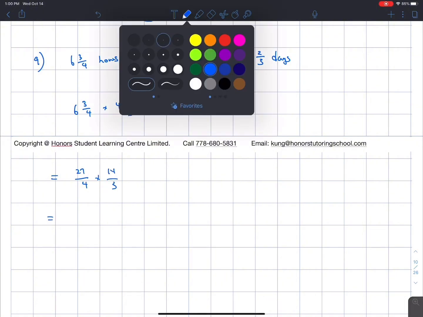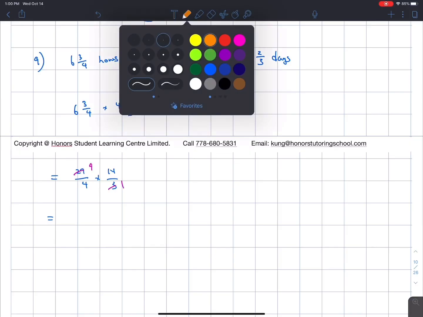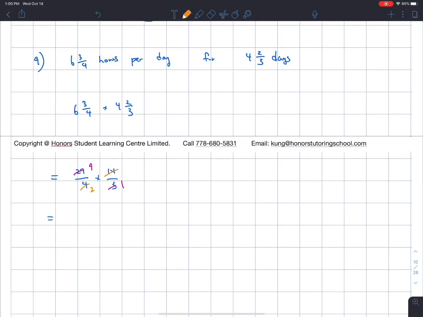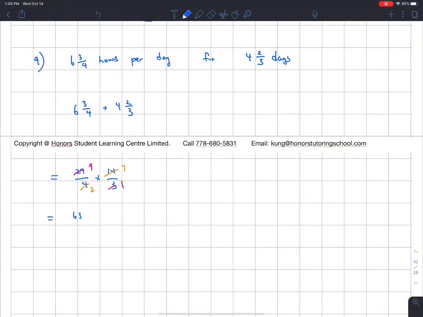I simplify. Divide this by 3 to get 1, divide this by 3 to get 9, divide this by 2 to get 2, divide 14 by 2 to get 7. We get 63/2. 2 times 31 is 62, 2 times 1 is 2. So we got 31.5 hours.